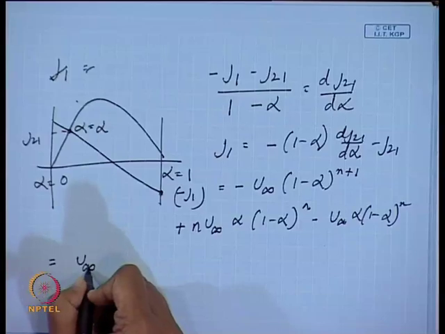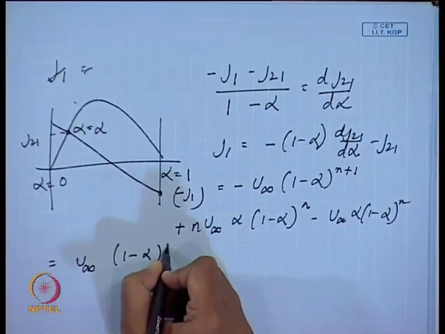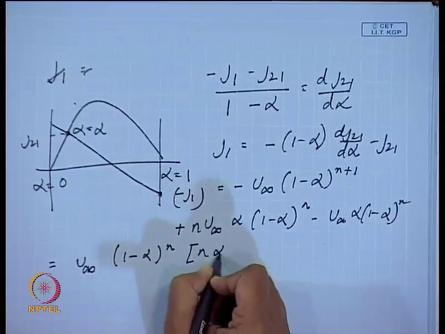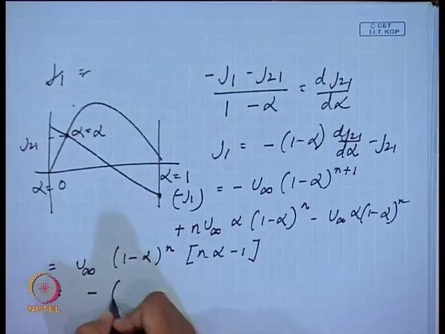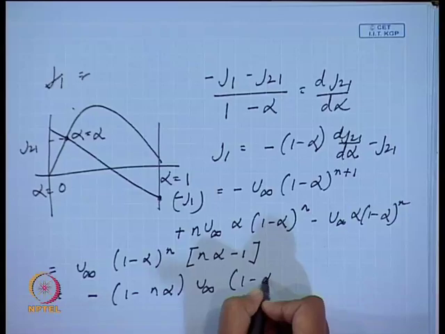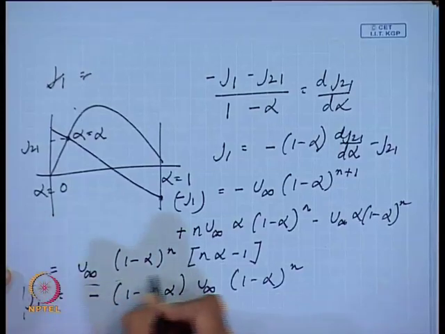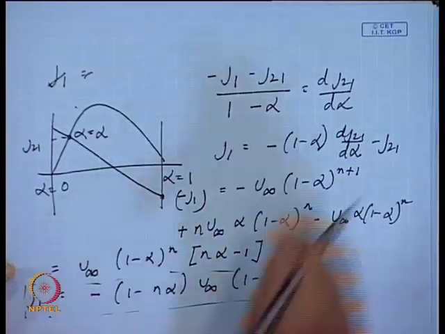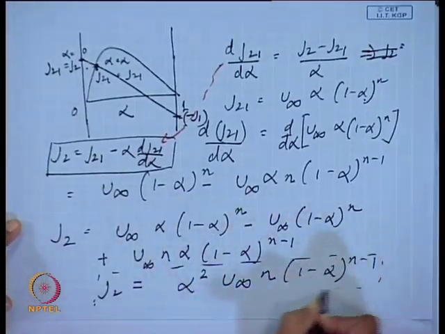So, this gives you u infinity into 1 minus alpha whole to the power n into n alpha minus 1, or in other words this can be minus of 1 minus n alpha u infinity 1 minus alpha whole to the power n. So, therefore, what do we find? This is the J1 at flooding point and this is the J2 at flooding point. So, what are we required to do?